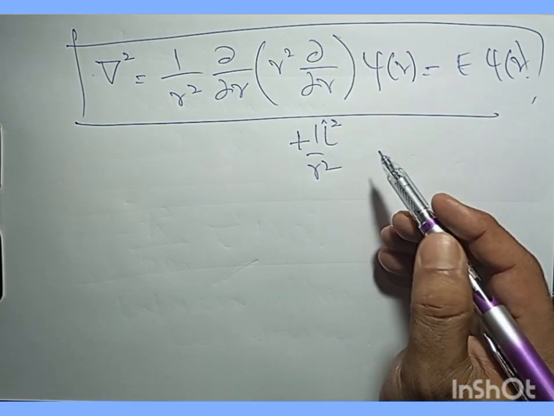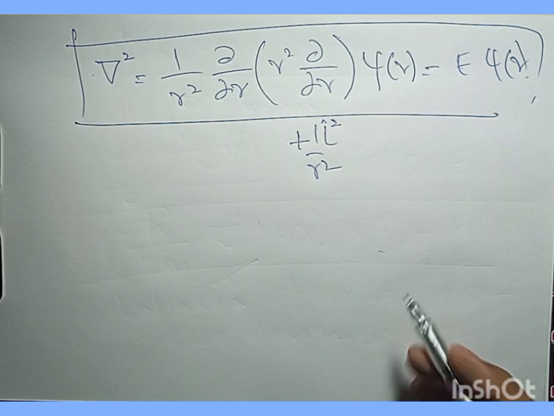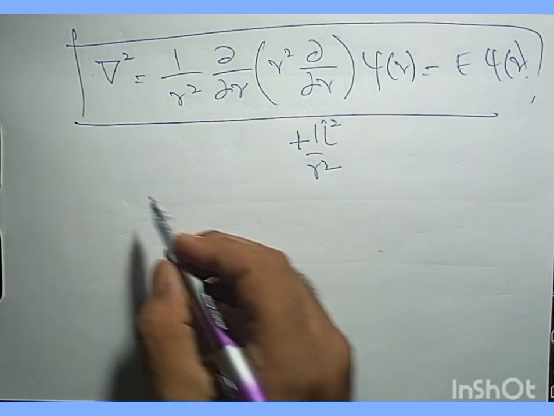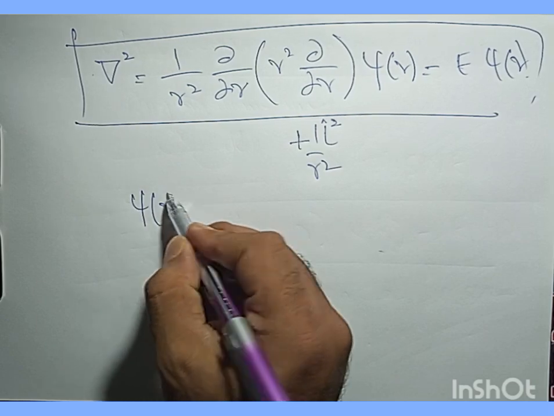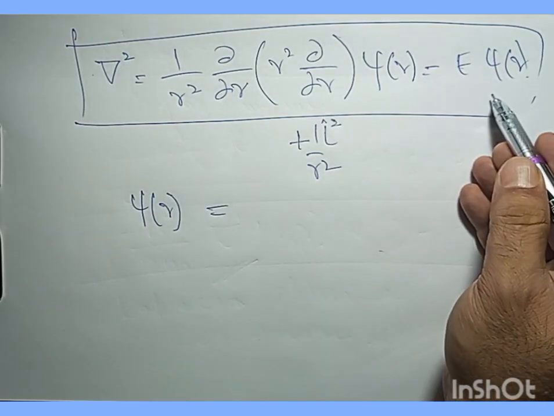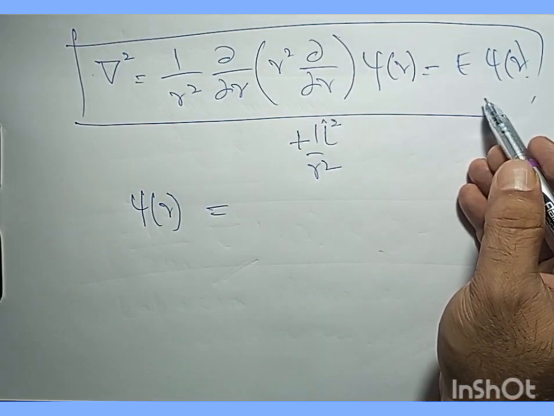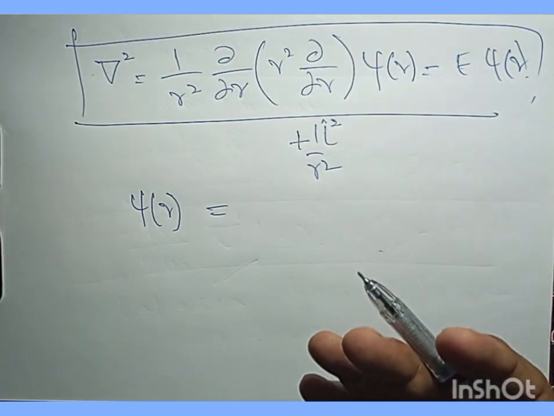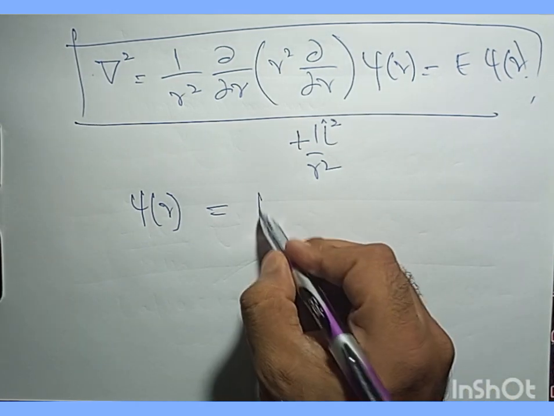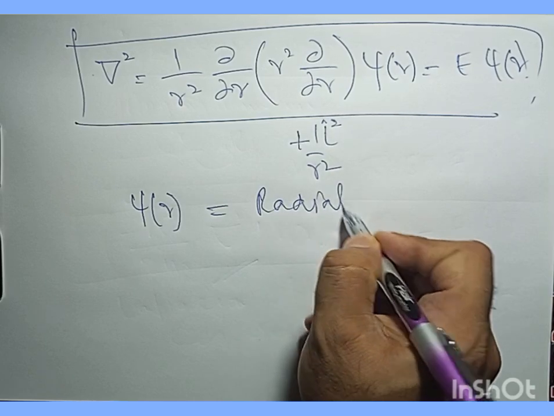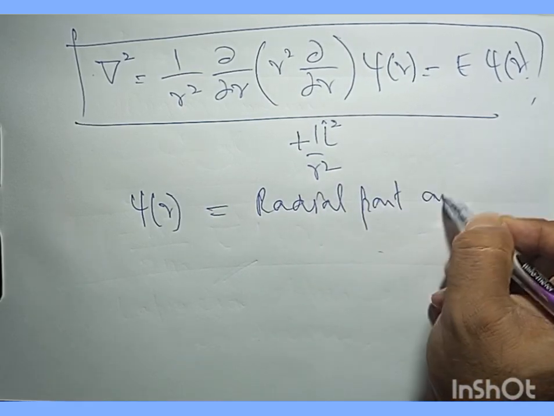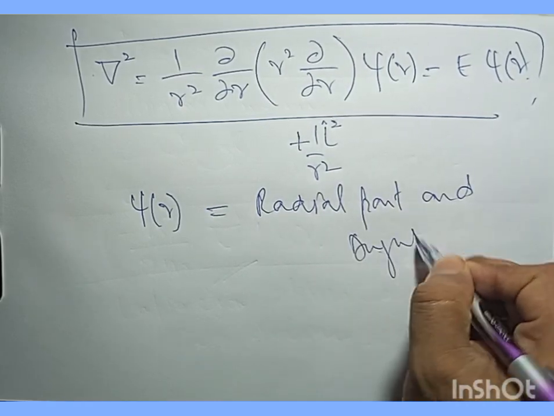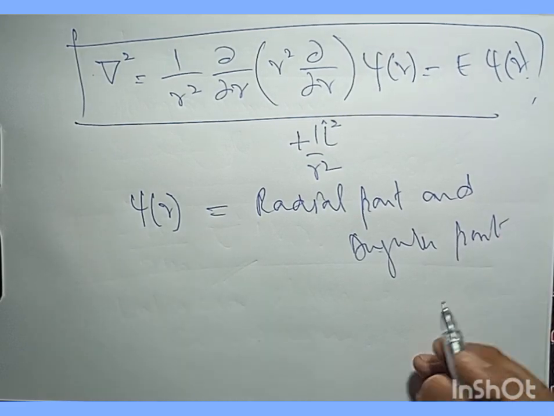Now what we do is we assume that we have a wave function psi of r, and this wave function can be separated into the radial part and the angular part.